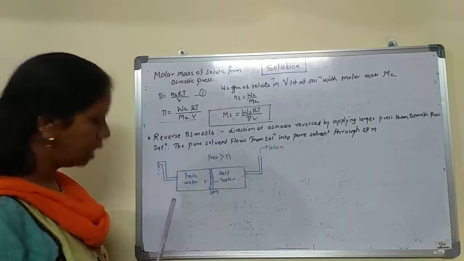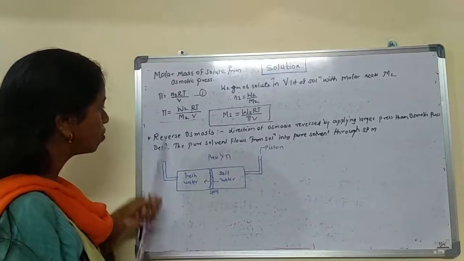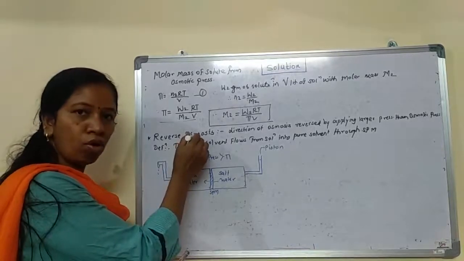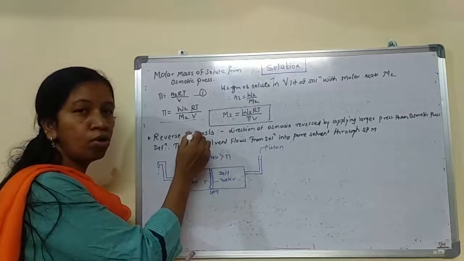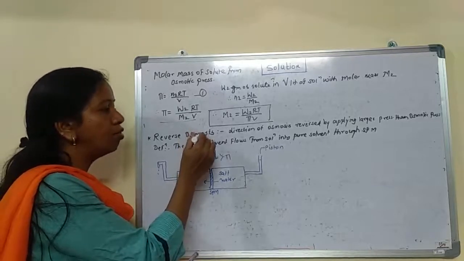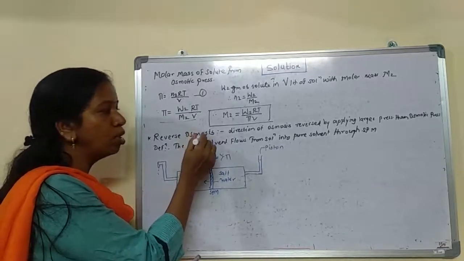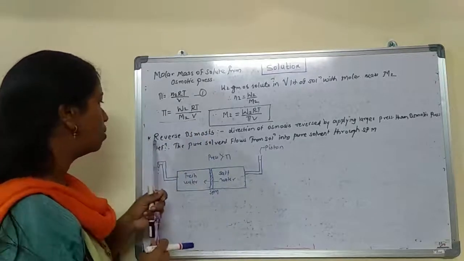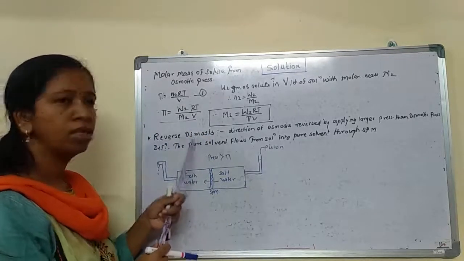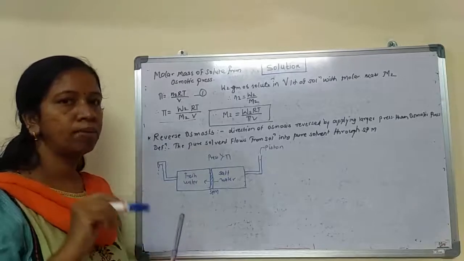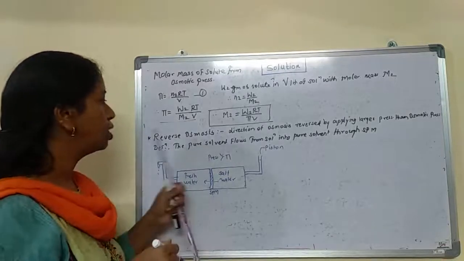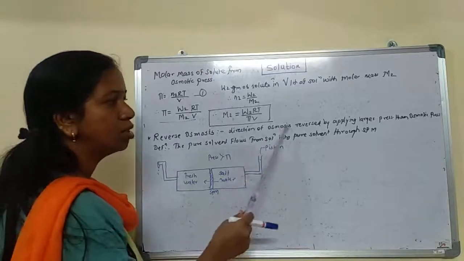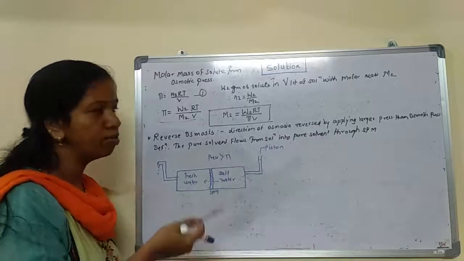Okay. So the next point is reverse osmosis. Now we know about osmosis. Osmosis is the flow of solvent molecules from pure solvent through the SPM into the solution. Now the term reverse osmosis means whatever process takes place in osmosis is reversed, so the direction of osmosis is reversed. How does it get reversed?